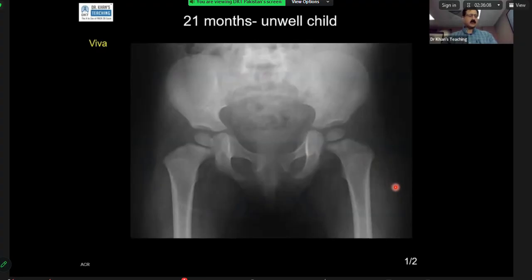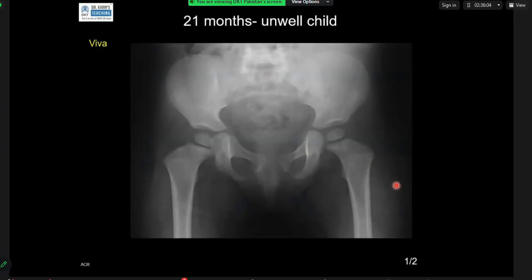Over to you, please. I'm presented with an anteroposterior frontal radiograph, abdominal radiograph of a pelvic radiograph of a 21-month-old child who is unwell.